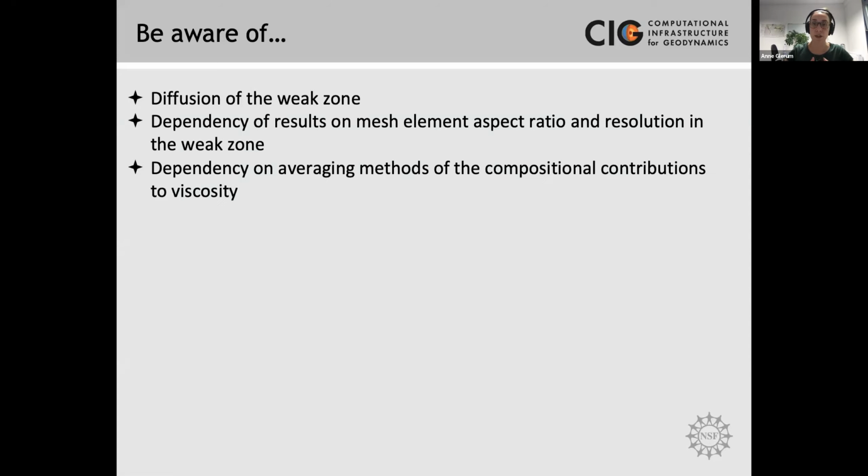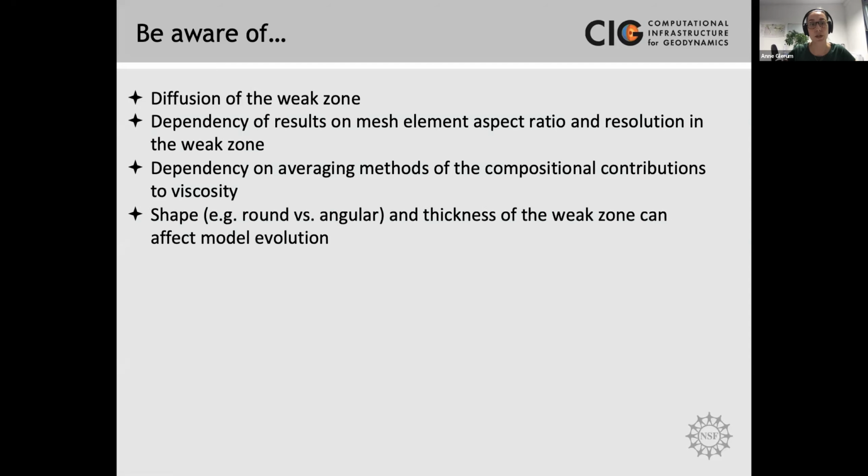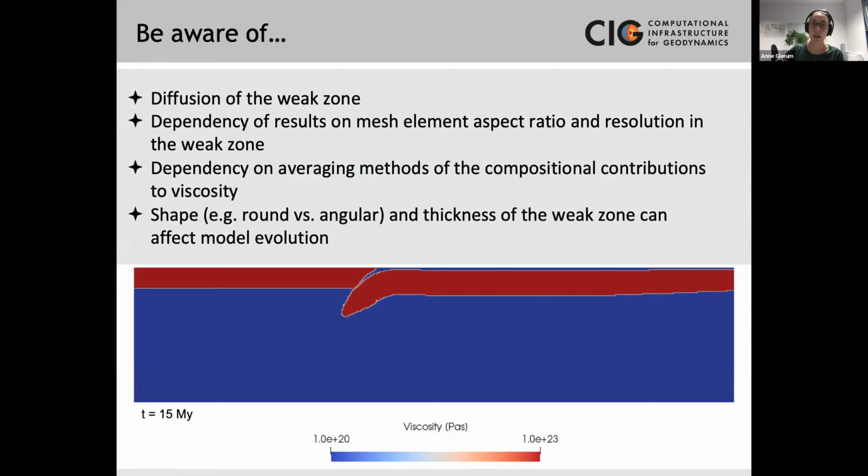There can be a dependency on the averaging methods for the composition, and the shape of the weak zone can also affect the model resolution. So that's something to be aware of. It's not particular to ASPECT, that is just something particular to these setups.